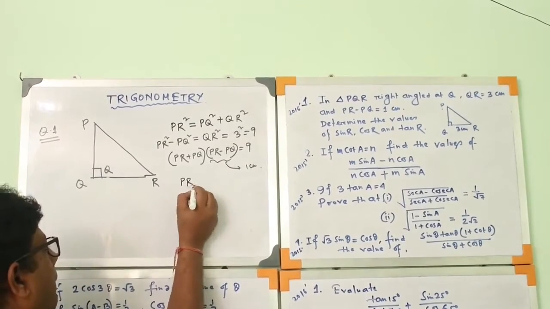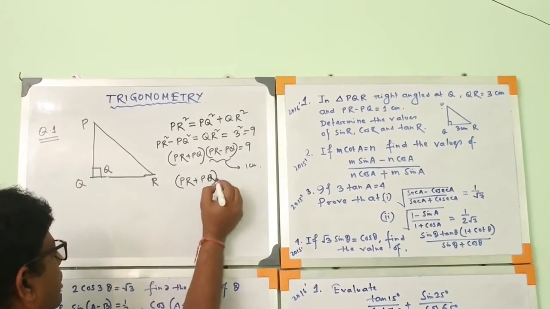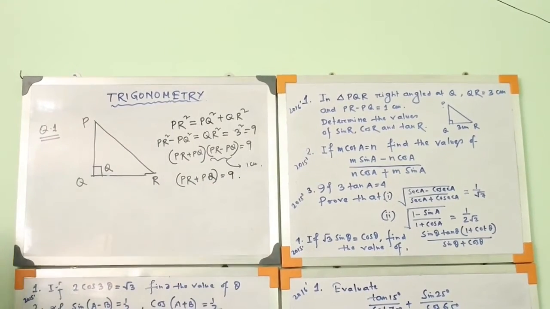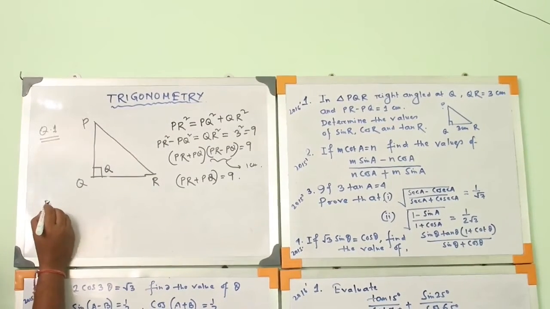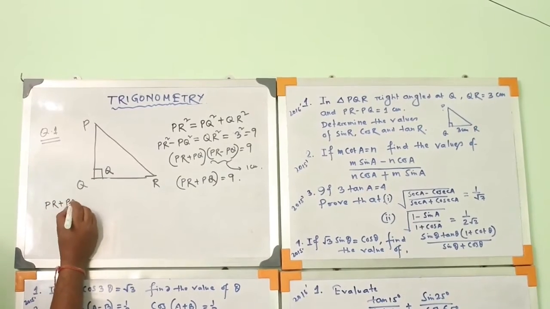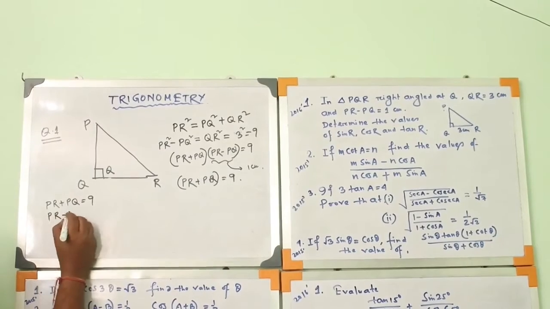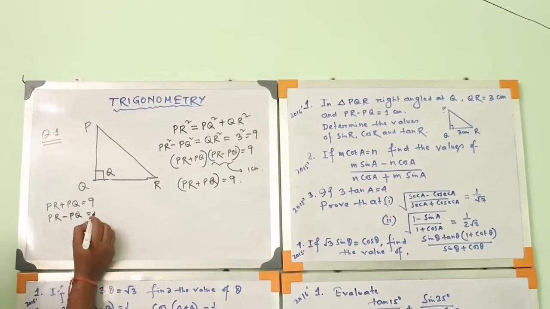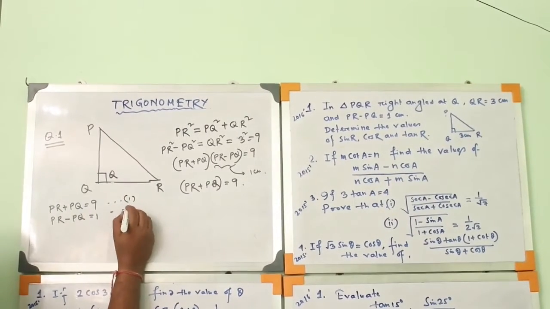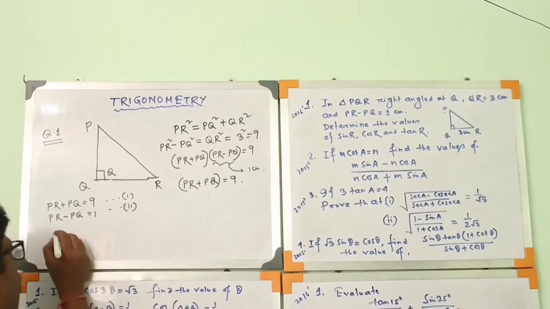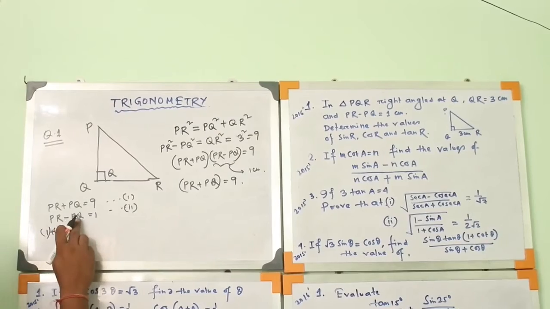PR minus PQ is also given as 1 centimeter. So we can write PR plus PQ is equal to 9. So two important equations. First one is PR plus PQ is equal to 9. Second equation, PR minus PQ is equal to 1. If we add equations 1 and 2, what will be the value?